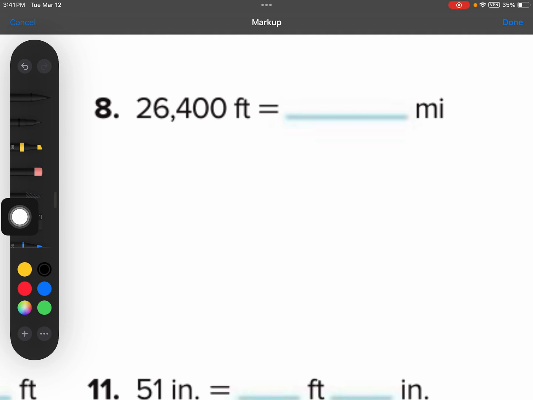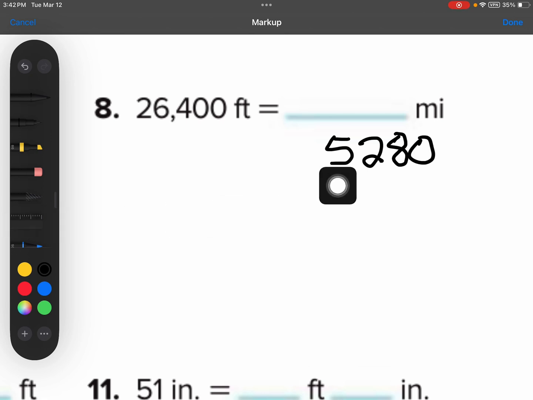So I'm going to switch and multiply and do a guess and check. I'm looking at this number, and I know that 5 kind of goes into this number about 5 times. So I'm going to take this 5,280 times 5 to see if I'm anywhere close to this number. Okay, it'll save me a lot of work.